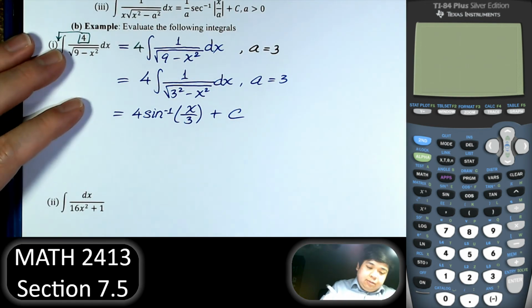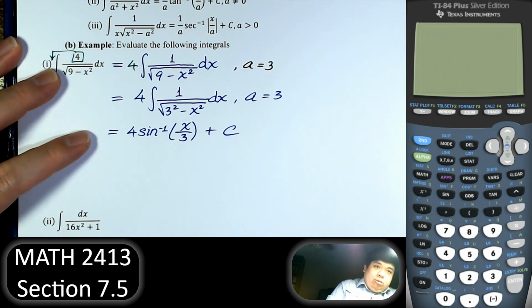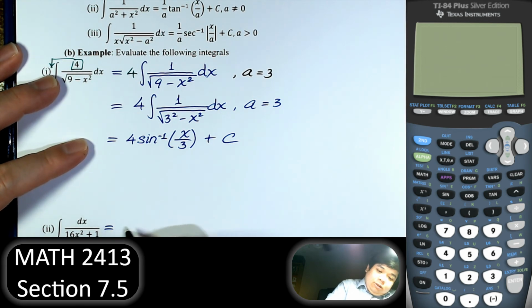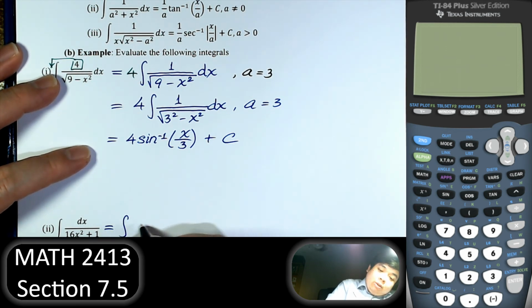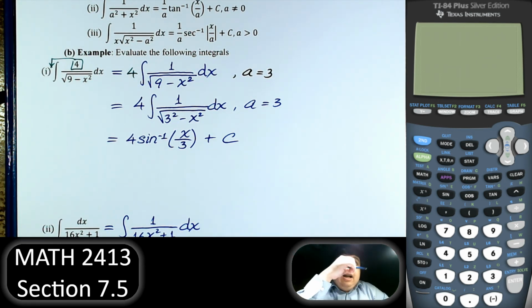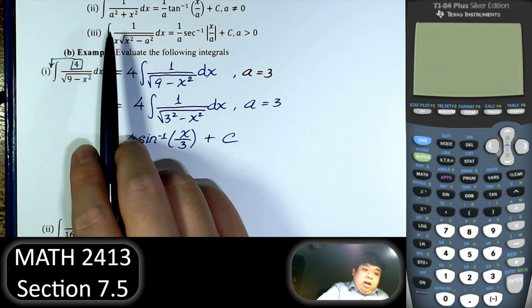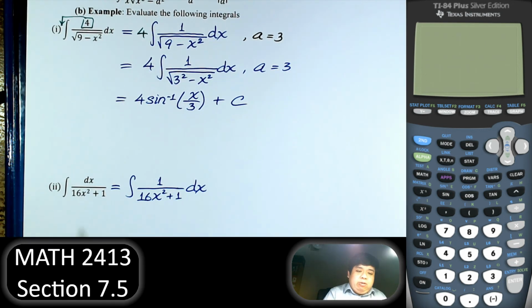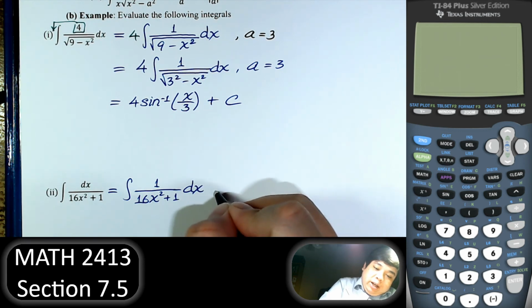Next, on this one we have to do a few things. First, I'm going to move the dx to the back. In this problem we have a squared plus x squared, so this is not quite the right form, and I need to do something here.